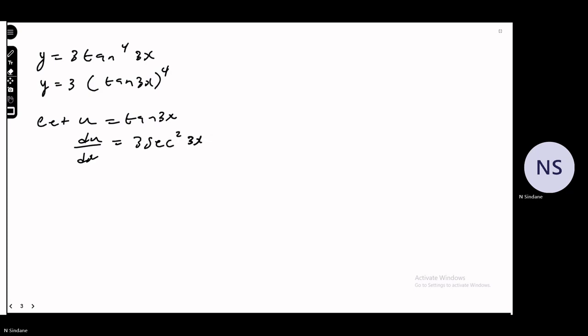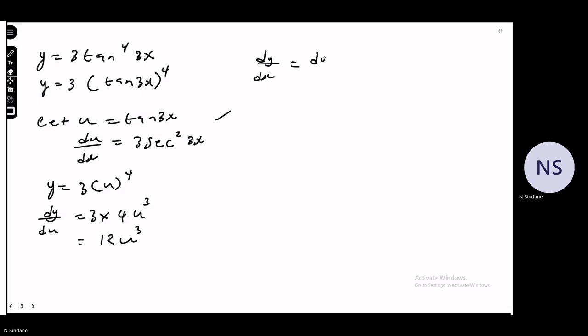Right? Then I have y is equals to 3 into u to the power 4. Differentiate this, I'll get dy over du. This is equals to 3 multiplied by 4 u to the power 3. And this gives me 12 u to the power 3. Right? And then don't forget that dy over dx, this is equals to dy over du multiplied by du over dx.